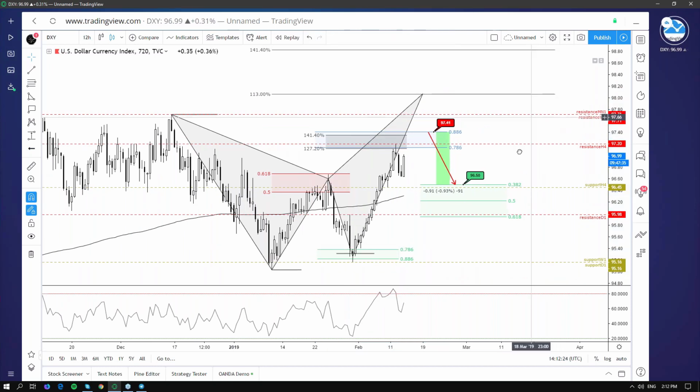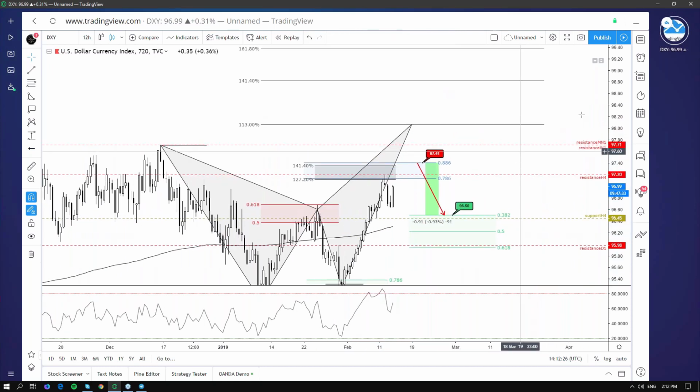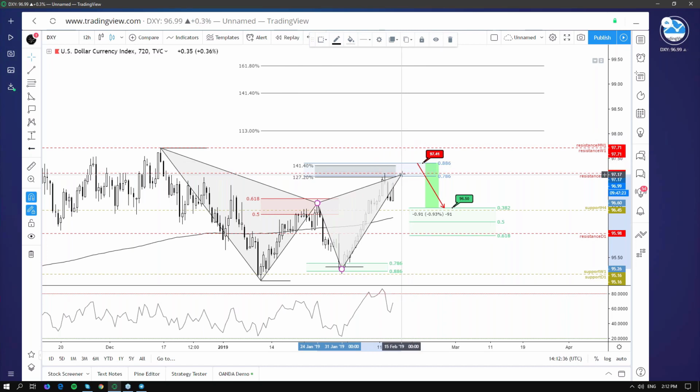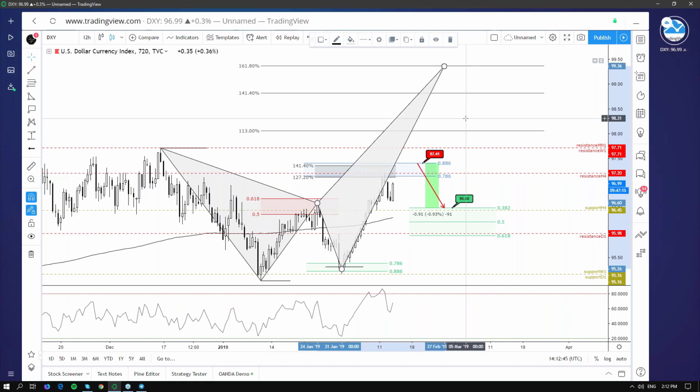If the bat pattern fails you, something that I share among the communities for a while, and if it fails at 88% retracement, and if it fails at 113 extension, eventually we will see the Dixie extending into the 168 extension, and if the market offers conditions, this is the crab pattern at 168 extension.